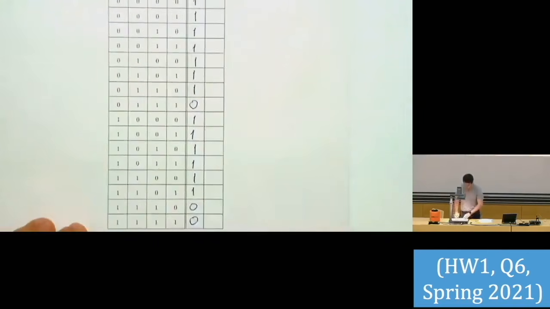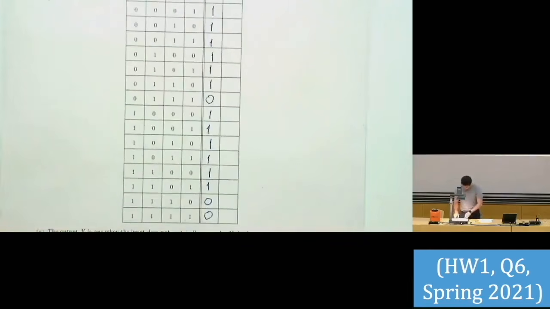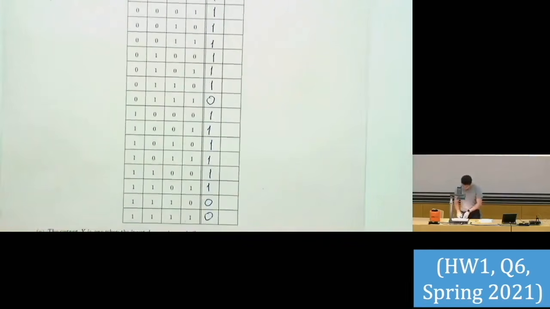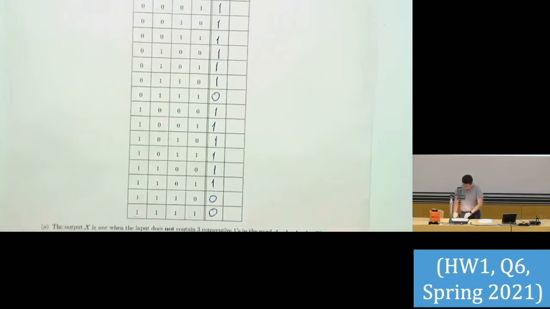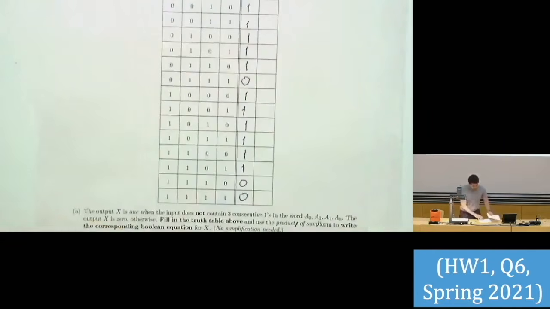The question says to fill the truth table and use product of sums form to write the corresponding Boolean equation for X. So let me write it.